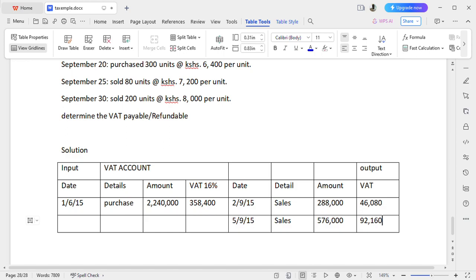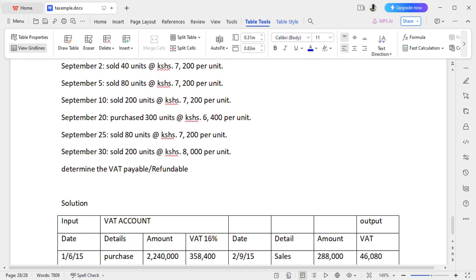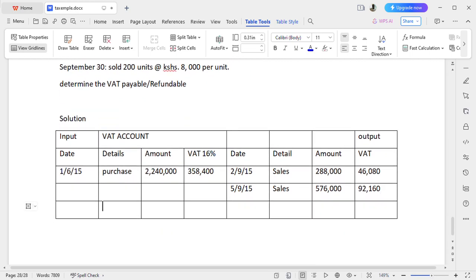Then we come on the 10th. Sold 200 units at 7,200. So again there is a sale here on 10th September 2015.